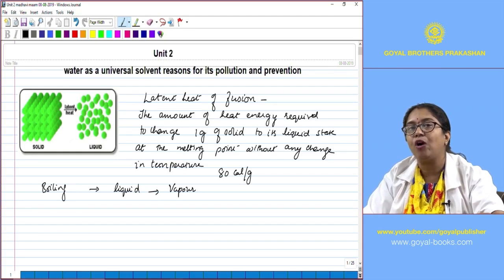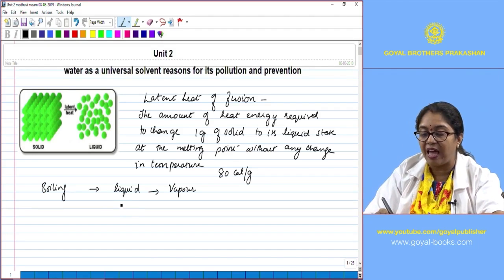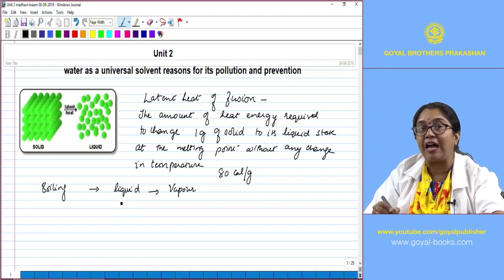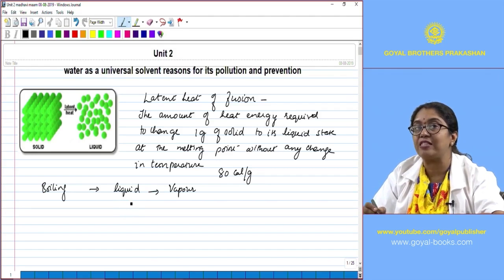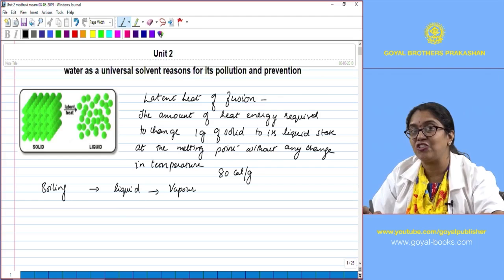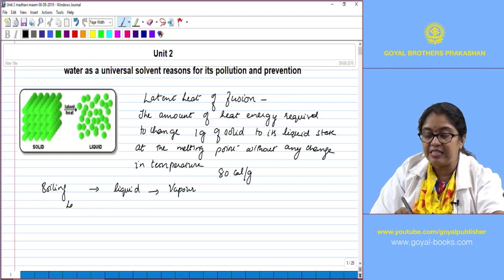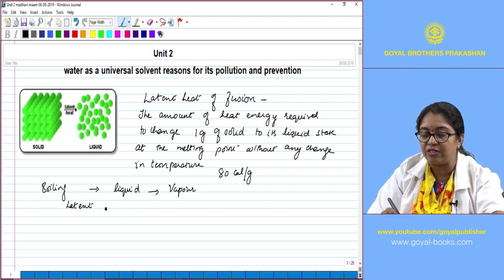When we heat water, the temperature will continuously increase, but at a point the temperature remains constant. At this temperature, liquid water begins to change into its vapor state. This point at which this takes place is known as the boiling point, and the heat energy is known as latent heat of vaporization.